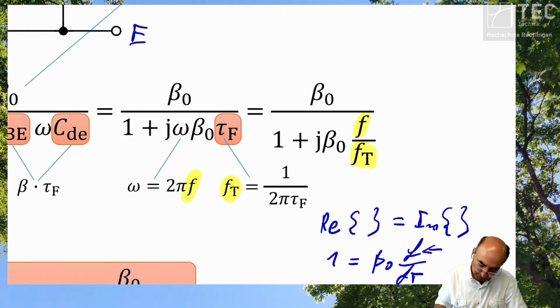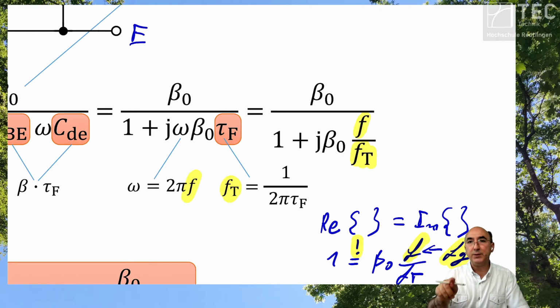And this f is then fg by definition, the corner frequency. If this equality is valid, then your frequency is the corner frequency. So this you have learned in the second semester of your bachelor course in engineering.